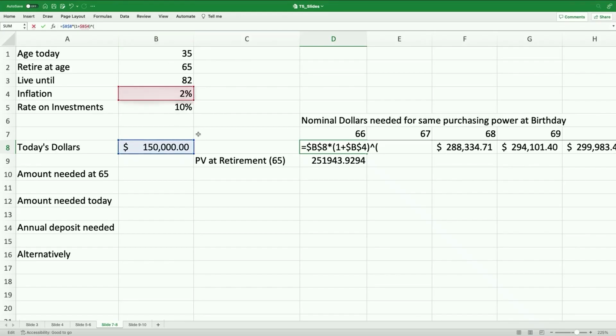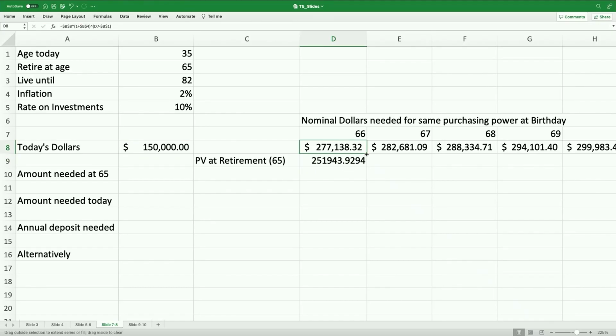Today I'm 35. So 66 minus 35. When I fill across, I do want the 66 to change to 67, 68, 69, but I do not want the 35 to change, so I freeze that with some dollar signs. Close parentheses. And I get 277,138.